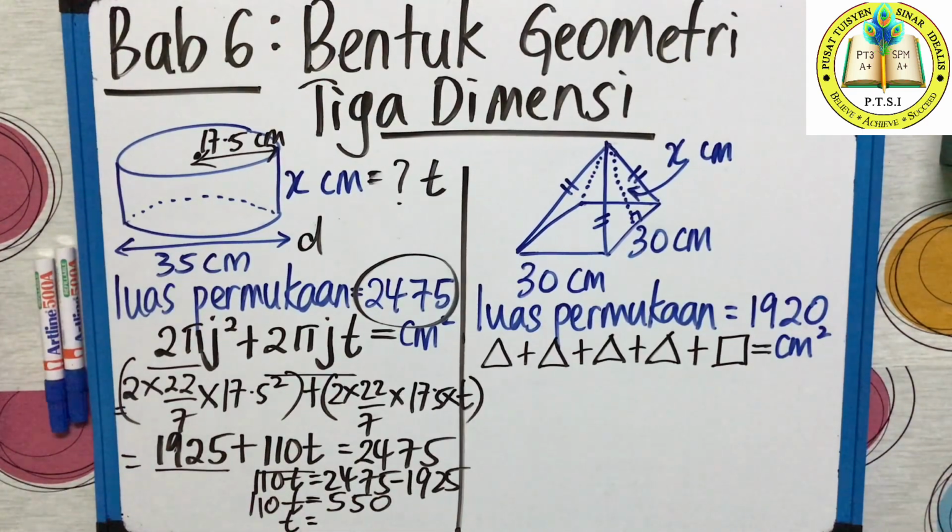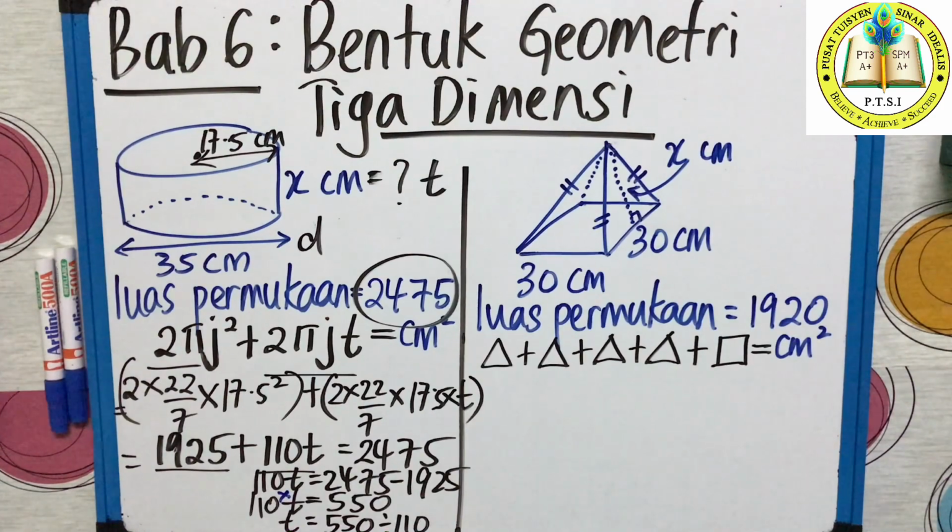You're supposed to have learned this in form 1. Yang ini adalah darab. 110 t is actually times. If it goes there, you must do divide. So 550 divide by 110. You can put it over 110, not enough place, so teacher puts divide. So you can put 550 per 110.